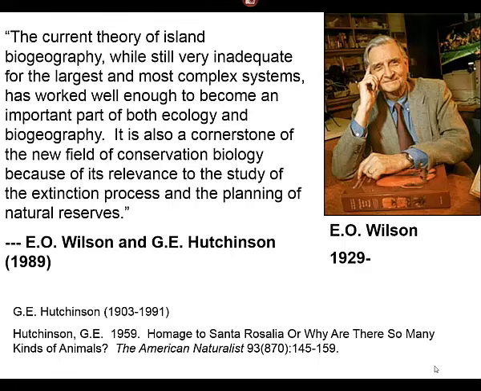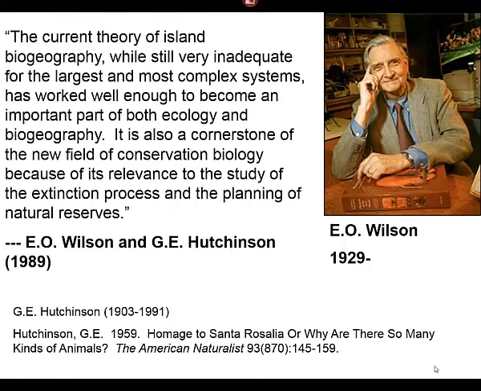And so it really brought Hutchison's 1959 paper, Homage to Santa Rosalia, or why are there so many kinds of animals, full circle by being able to explain why there are so many kinds of species in an area based on the measures of the theory of island biogeography.